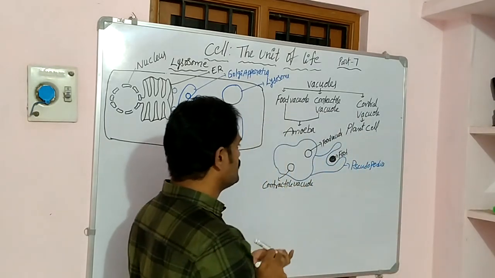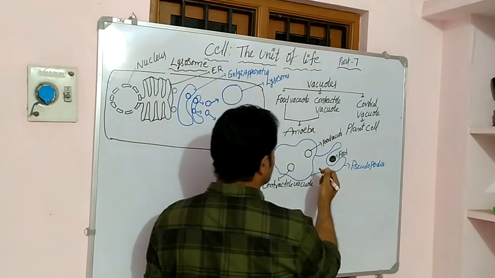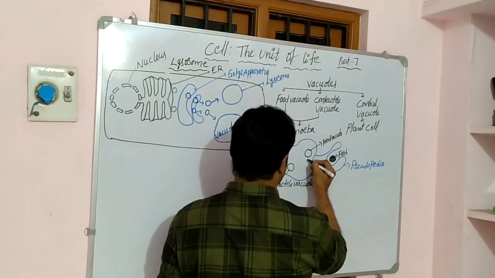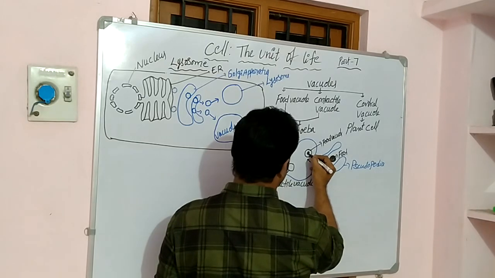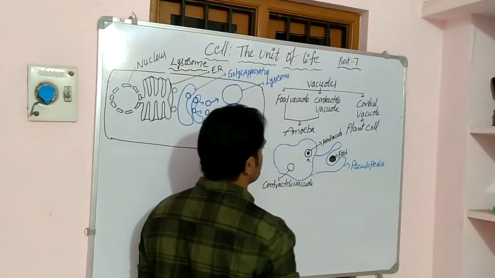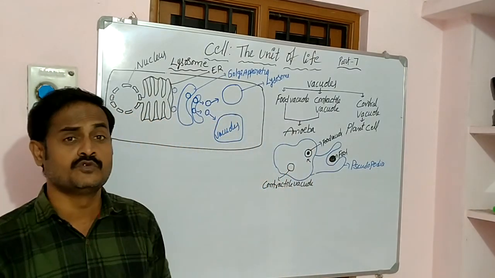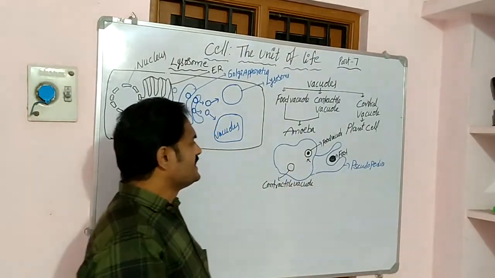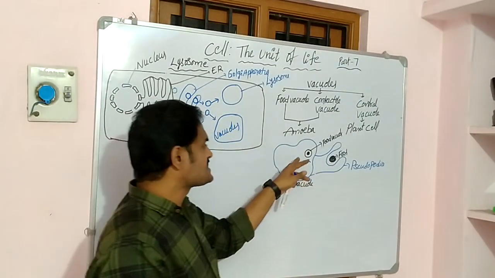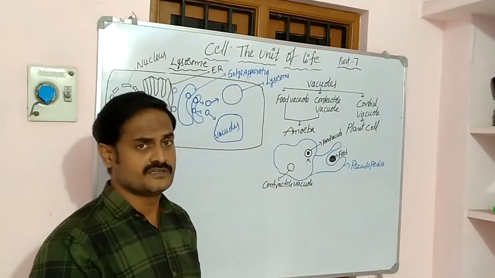So this food enters into the amoeba body and then it reaches one vacuole. Which vacuole does it enter? Food vacuole.